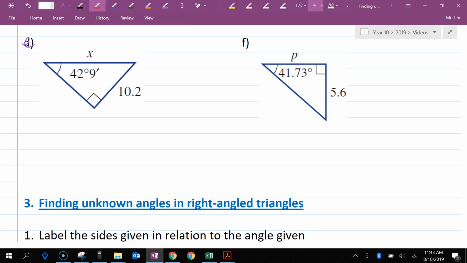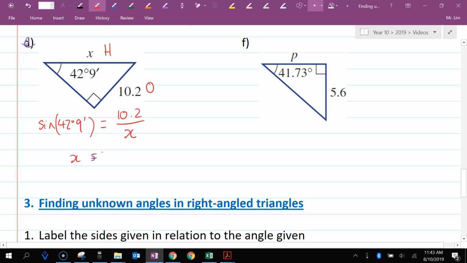Okay, so question E, I'm going to label this. I've got opposite and adjacent, sorry, not adjacent, hypotenuse. So I've got sine of 42 degrees 9 minutes is equal to opposite over hypotenuse.